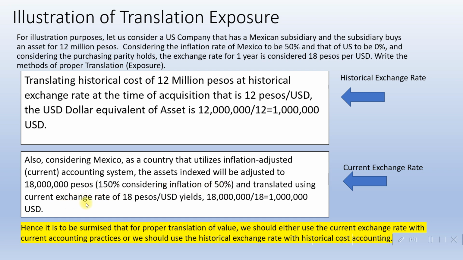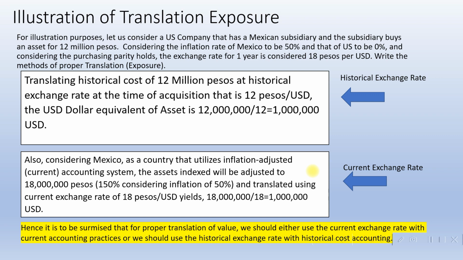Translated using the current exchange rate of 18 pesos per USD, it yields 18 million divided by 18, which is again 1 million USD. Hence it is to be surmised that for proper translation of value, we should either use the current exchange rate with current accounting practices, or use the historical exchange rate with historical cost accounting. So that is the illustration of translation exposure.